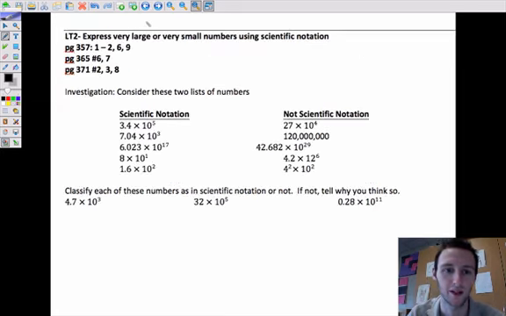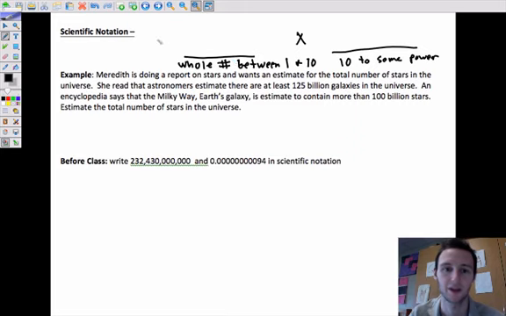We've got examples like 3.4 times 10 to the fifth, 6.023 times 10 to the fifth. We've got a whole number between 1 and 10 times 10 to some sort of power. Those are our two parts to that definition.